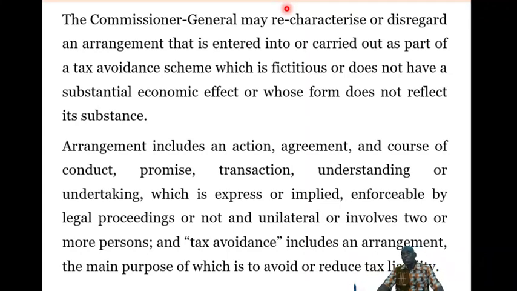You understand? So the law therefore says that once the Commissioner General is able to detect that the transaction is artificial or the whole arrangement is artificial and fictitious and does not have substantial economic effect or whose form does not reflect its substance, the Commissioner General may recharacterize or disregard that arrangement.